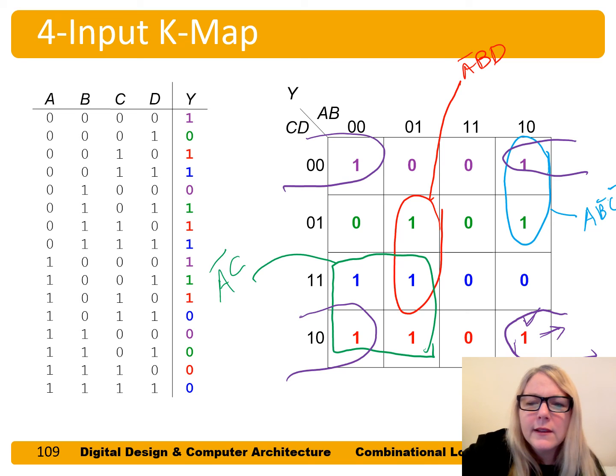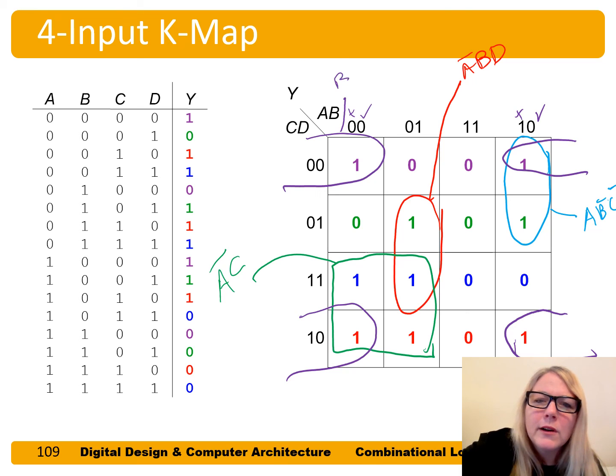And now let's see the purple circles. So this top one has the true and complement form of A, so we're not going to include that in our equation. Only the complement form of B. We have B bar and complement forms of C and D. B bar, C bar, D bar.